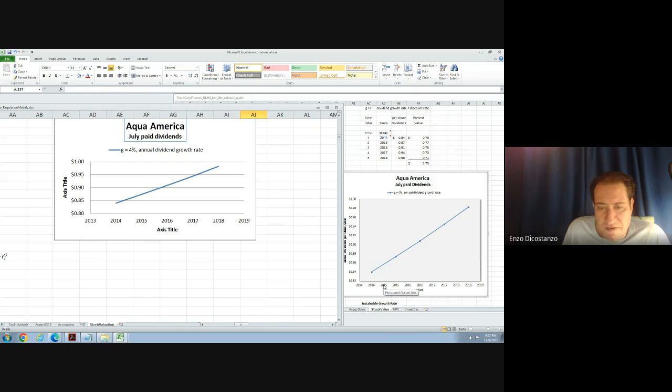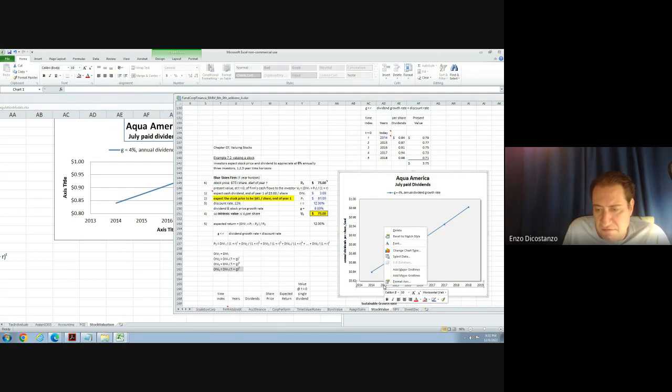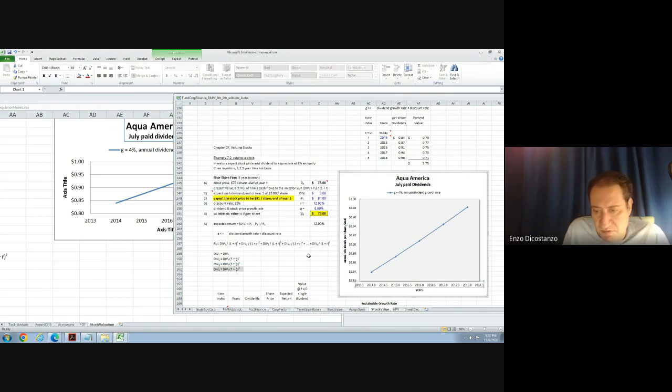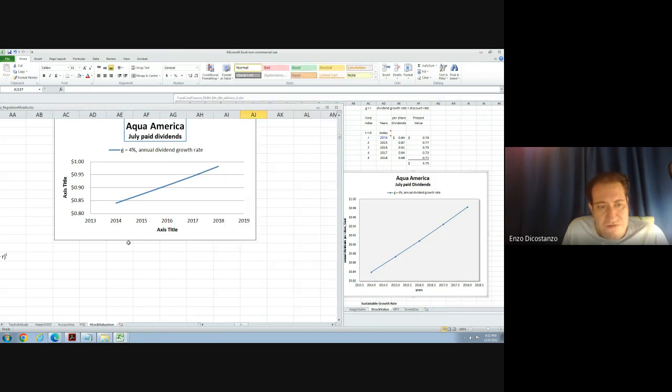I don't know why this probably needs an extra decimal place for some reason. Yeah, because it's the half year. These are the half year numbers. And we're gonna leave it like that. This is years.